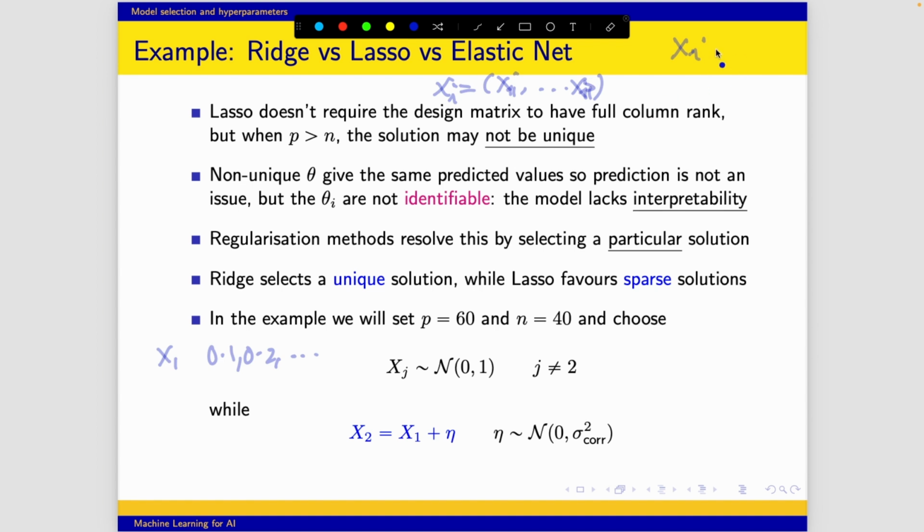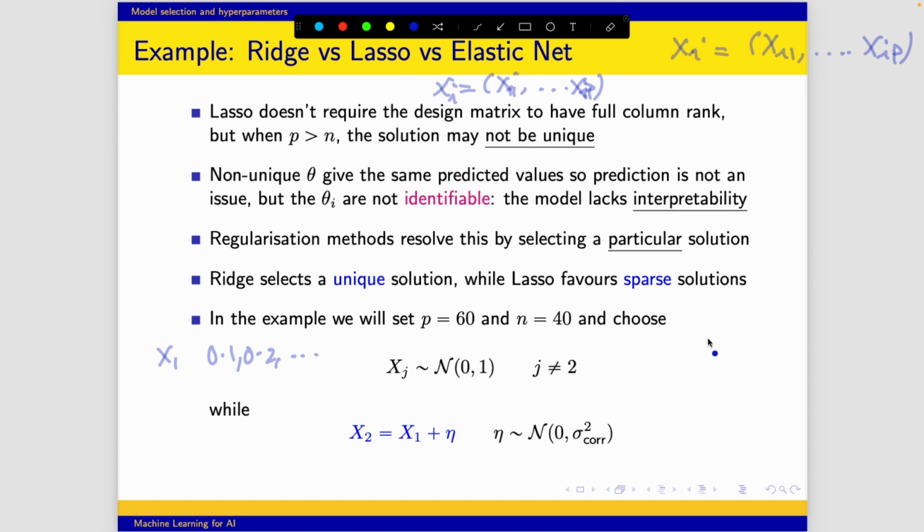Let me write that out again because you can't clearly see it: xi1 up to xip. Right? So here I'm referring to the individual coordinates of these vectors. And so the first one and the third one up to the pth one are selected like this.